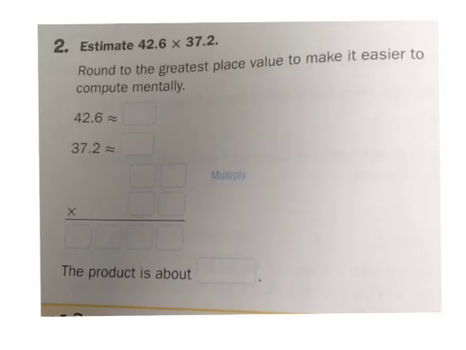So looking at 42.6, what is the best number we could round it to? Well, the closest numbers to it are either going to be 30 or 40. So that number is definitely closer to 40, so we're going to round that to 40.